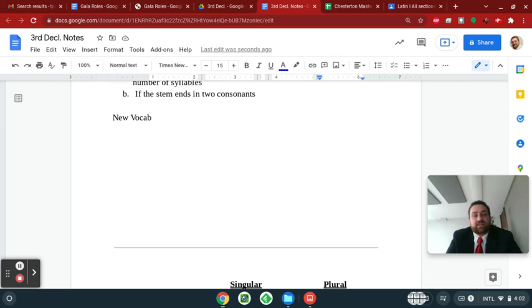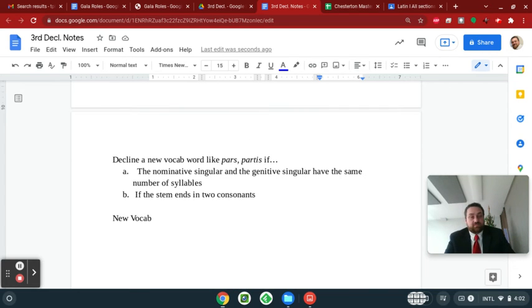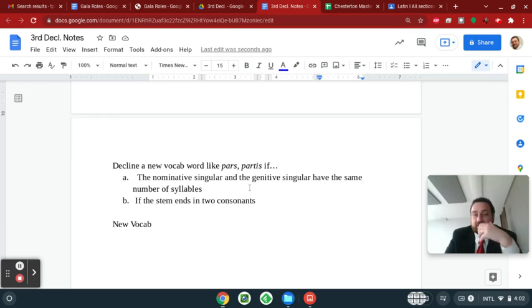Okay, these are our only two reasons, okay? I'm going to give you an example of another new vocab word. Colis, colis is a little weird because the nominative and the genitive singular are the same, just for that word, right?